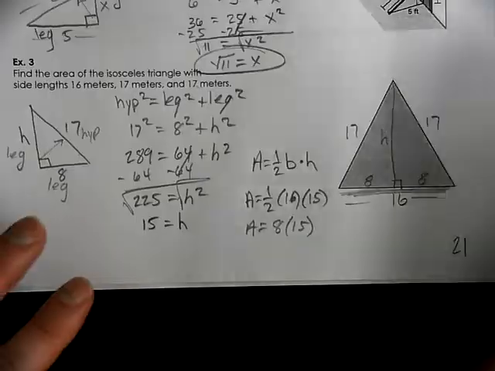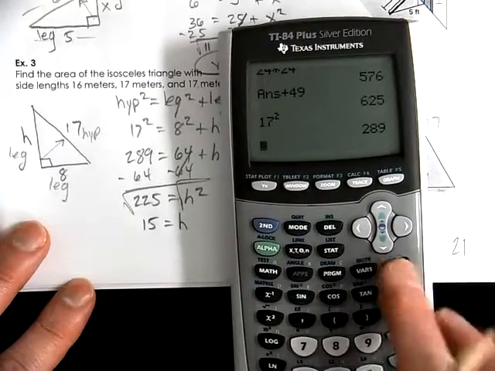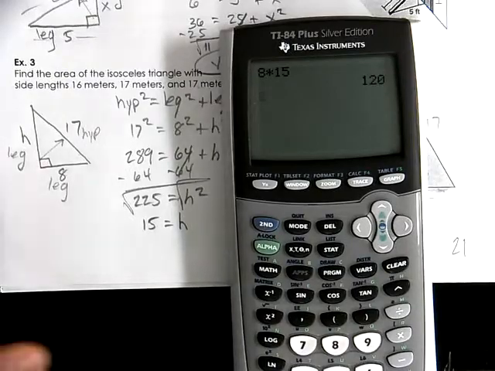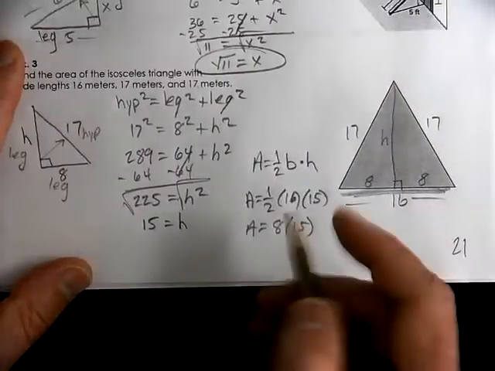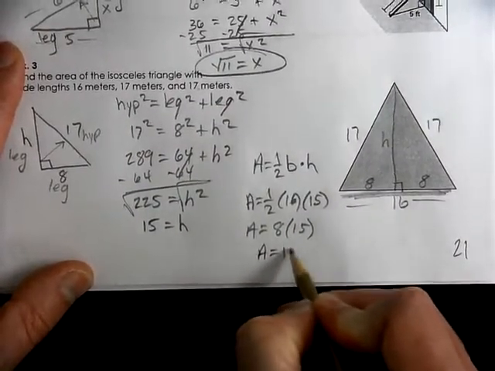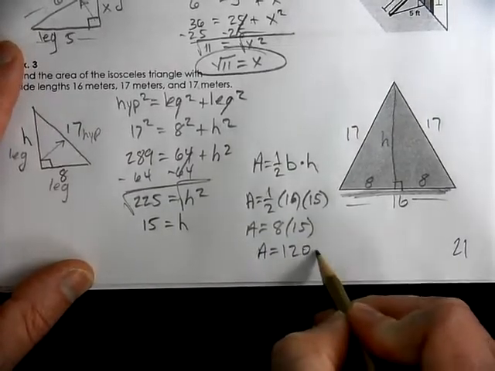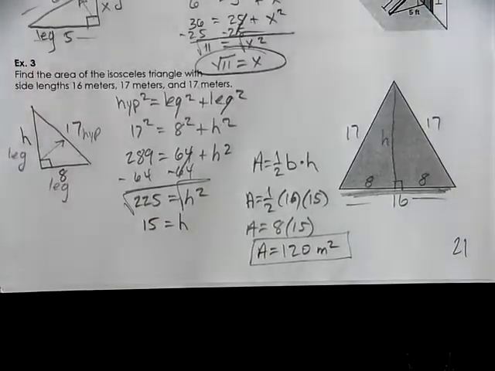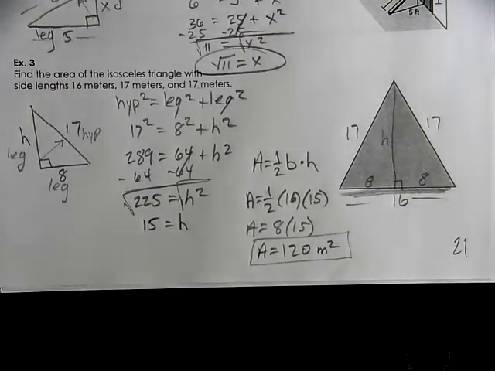And in your calculator, 8 times 15 gives us 120. So 120, these are meters squared, or square meters. That's the area of our isosceles triangle.